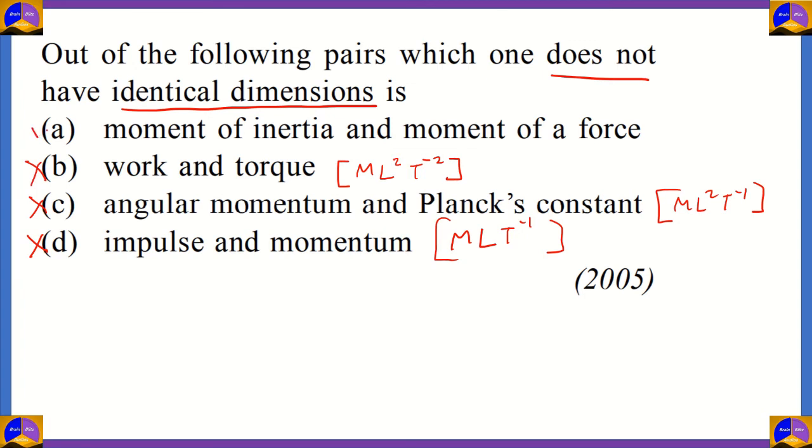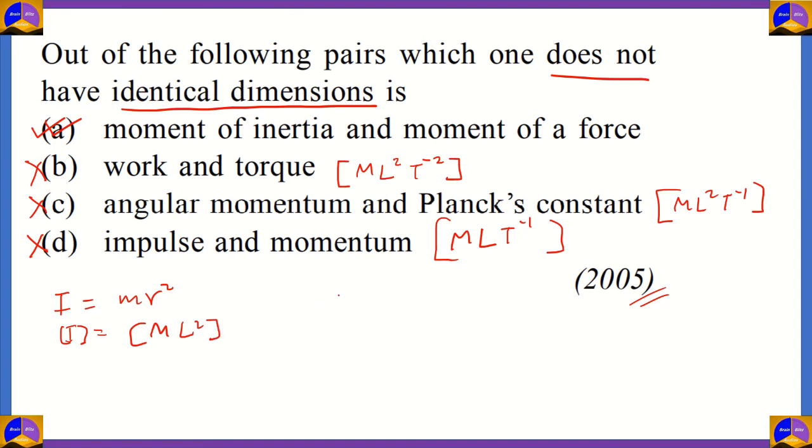The right answer is option A, moment of inertia and moment of a force. If you look at this question asked in 2005, what makes this option correct? Moment of inertia, which you normally represent as I, is written as mr squared, so the dimensional formula will be mass times length square.